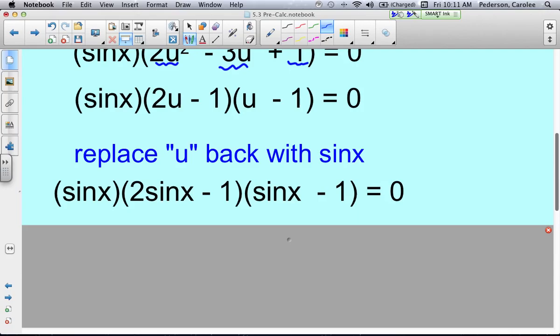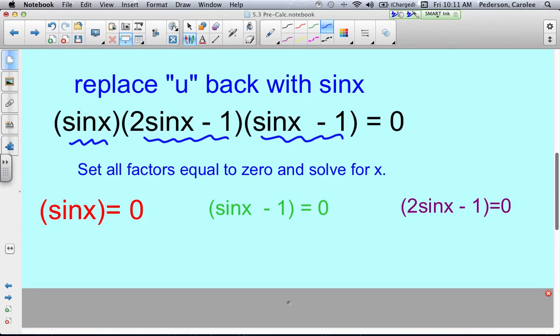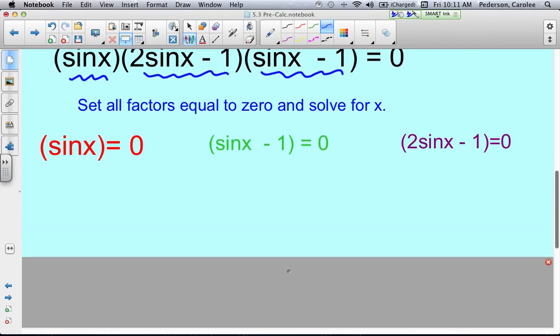So we're going to set this factor equal to 0 and solve for x. We're going to set this factor equal to 0 and solve for x. And then this factor equal to 0 and solve for x. And here's what they look like. And you're going to help me with this next step.